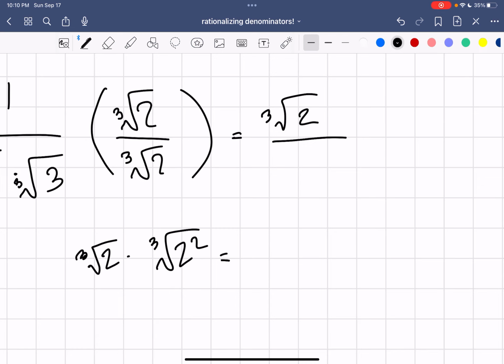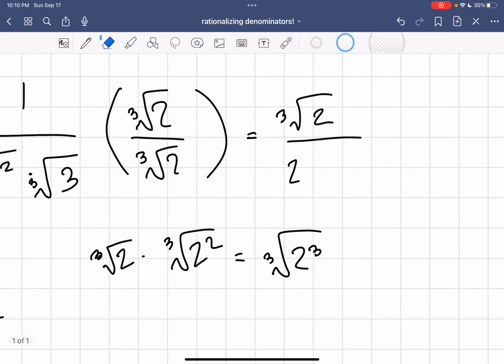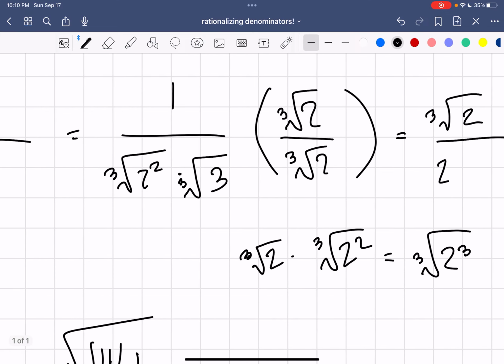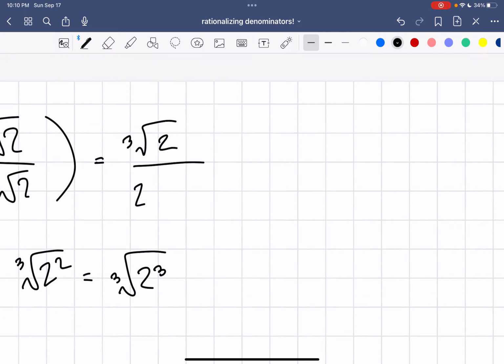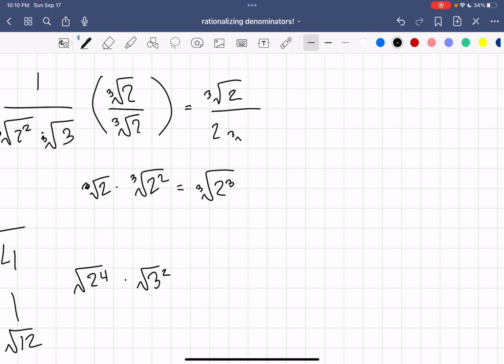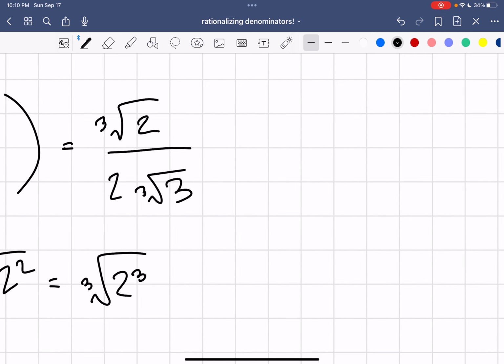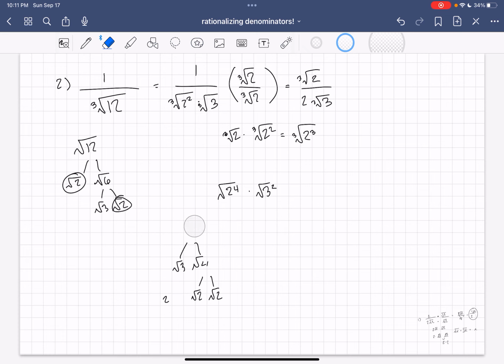So that is just equal to the cube root of 2 to the 3rd, so that's just 2. Okay, and then you don't distribute it since it's being multiplied, since this is a multiplication expression, not an addition. Then we just have to get rid of this. Let me erase this stuff.